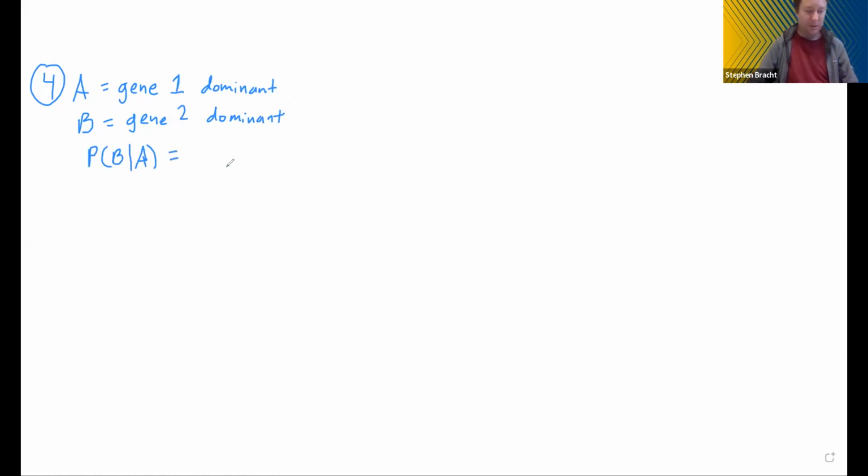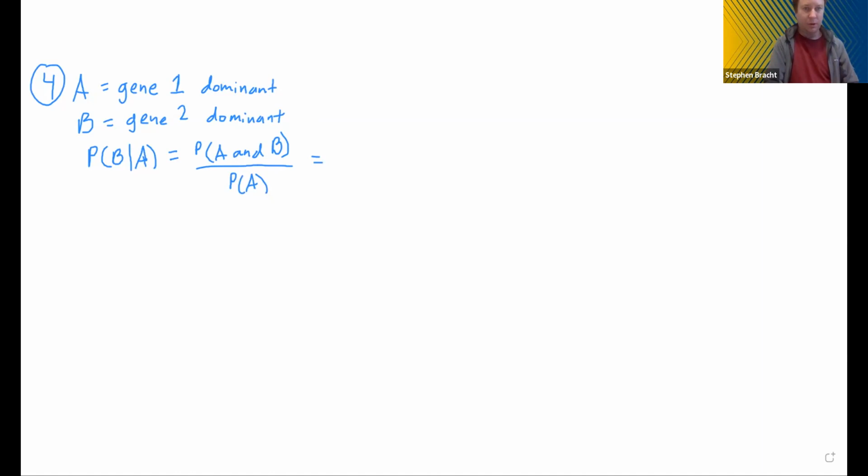Okay. This is equal to the probability of A and B divided by the probability of A. Okay. A and B, this is the probability that both genes are dominant, right?